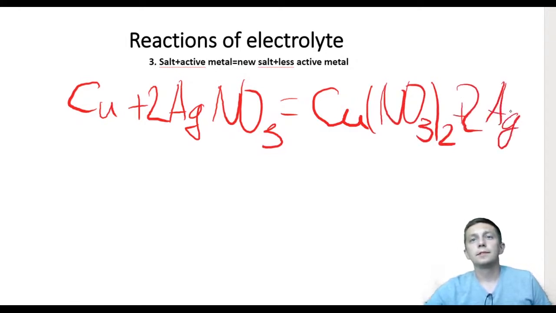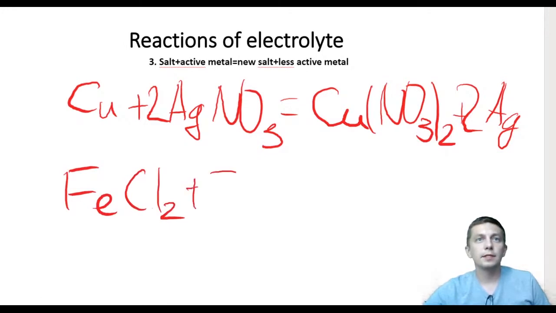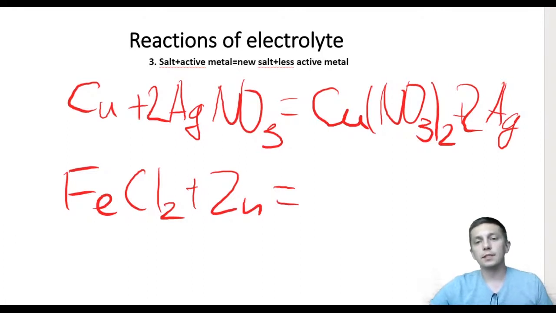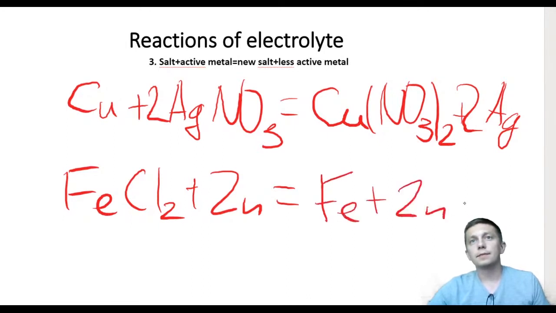So I make my own Belarusian silver coins. Or for example, if we have iron chloride and put inside a piece of zinc, this reaction is why any steel or iron metallic surface is often covered by zinc. Even if iron oxidizes, very soon this iron will be reduced again and zinc will be oxidized.